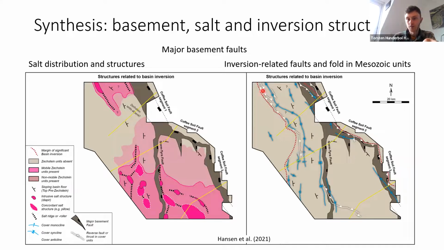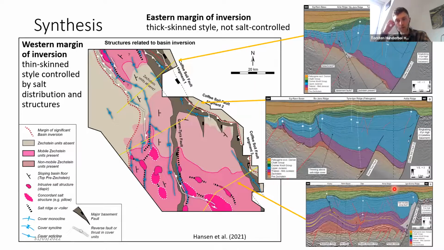You'll see there's a nice trend here that goes southeast, turns directly south, and also right atop the Coffee Soil fault, we also have some reverse movements during inversion. And here we have the sections again, basically to the northeast.